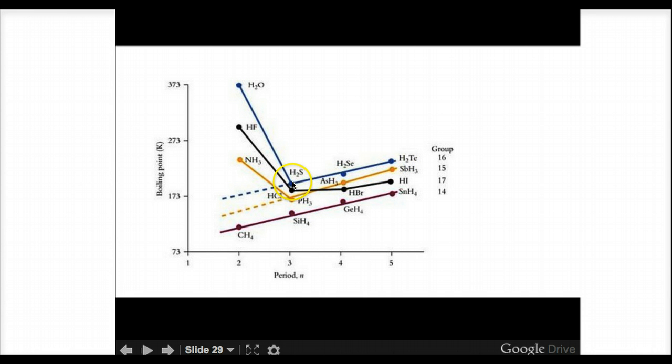And that's because we're adding more electrons, and the London dispersion forces are increasing. So you'd expect oxygen to be lower because oxygen has fewer electrons than sulfur, selenium, or tellurium.